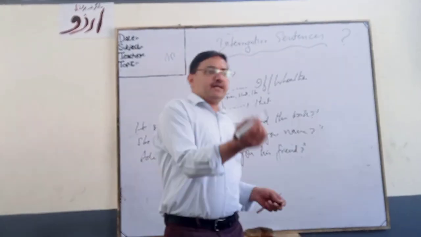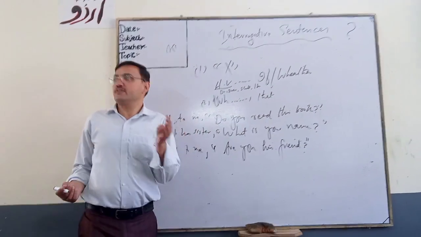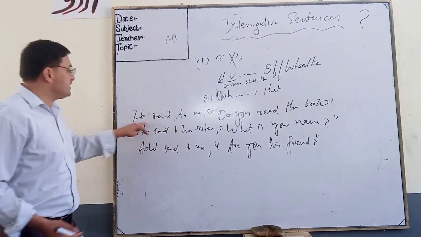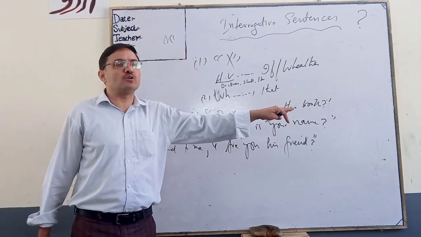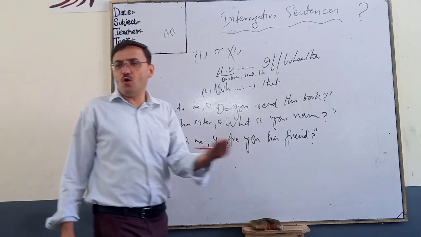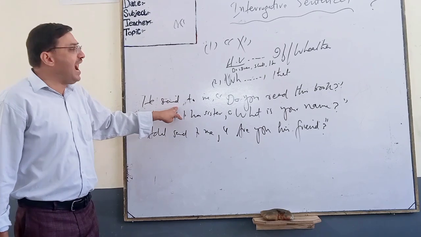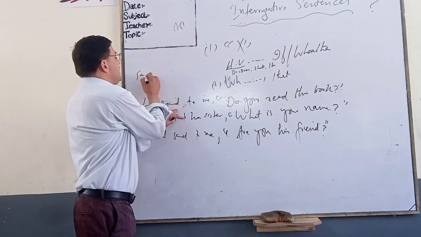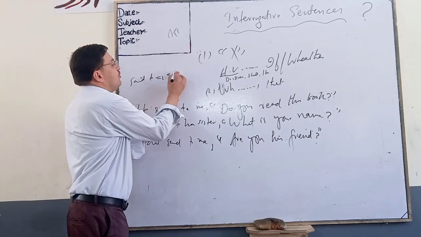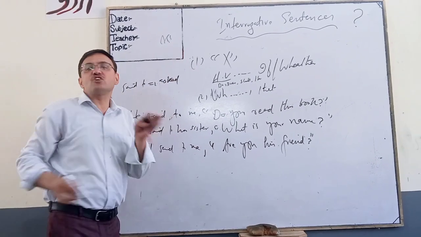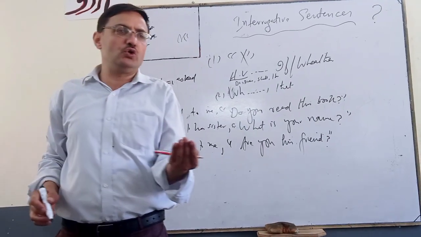So, dear students, I have written 3 sentences for you. First, he said to me, "Do you read this book?" Now change it, as earlier I told you the structure. You have to change said to into asked, or inquired of. Already I told you the rules.